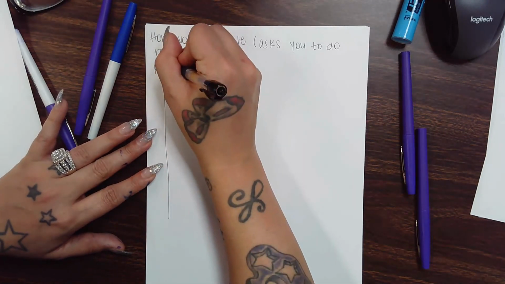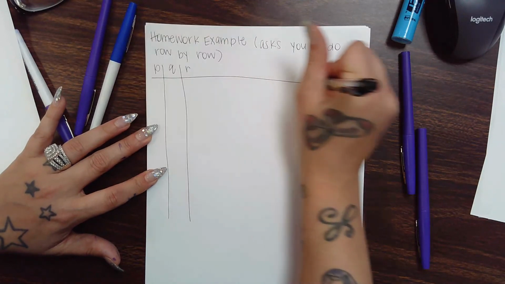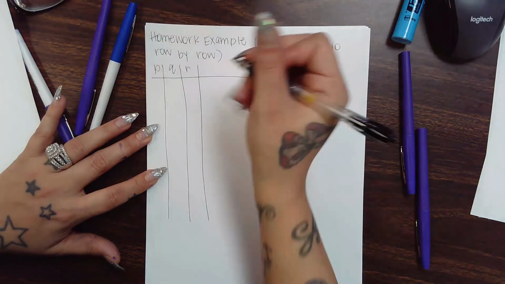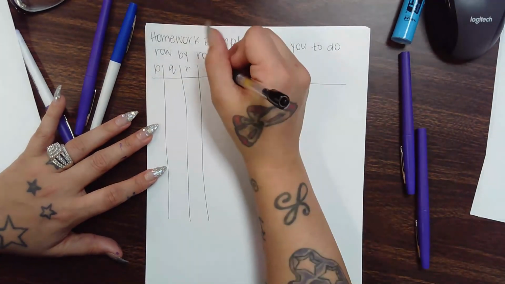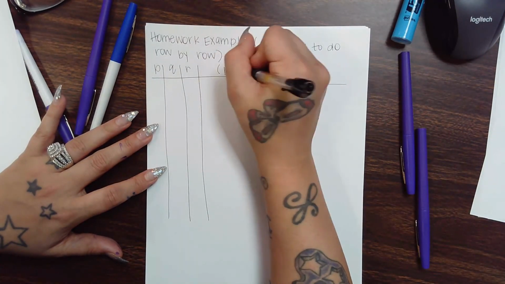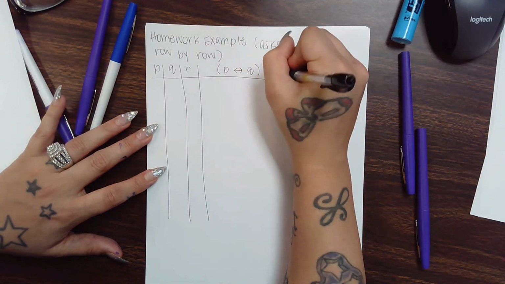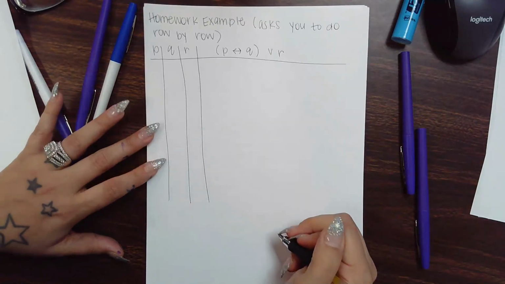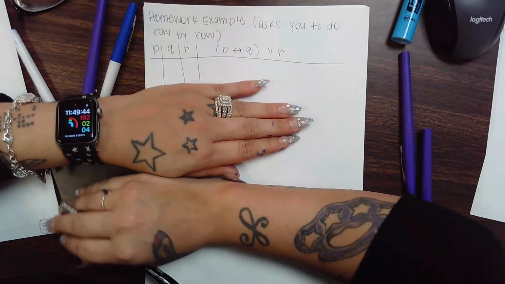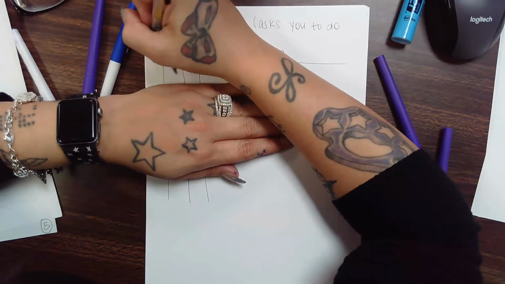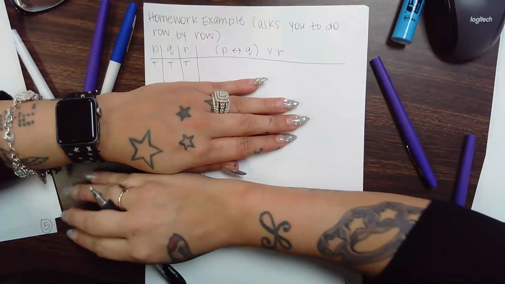Okay. PQR, and then this ends 3.3. So it tells you to solve P if and only if Q, or R. Now, on the homework, it literally will have true, true, true, and that's it. This is all it has set up for you.